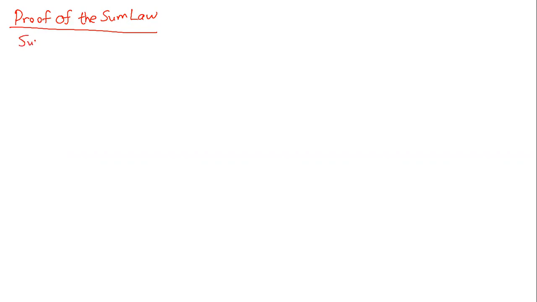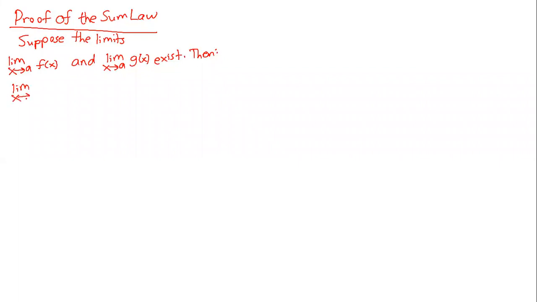So it says suppose the limits of the limit as x goes to a of f of x and the limit as x goes to a of g of x exist, then the limit as x goes to a of f of x plus g of x equals the limit as x goes to a of f of x plus the limit as x goes to a of g of x.